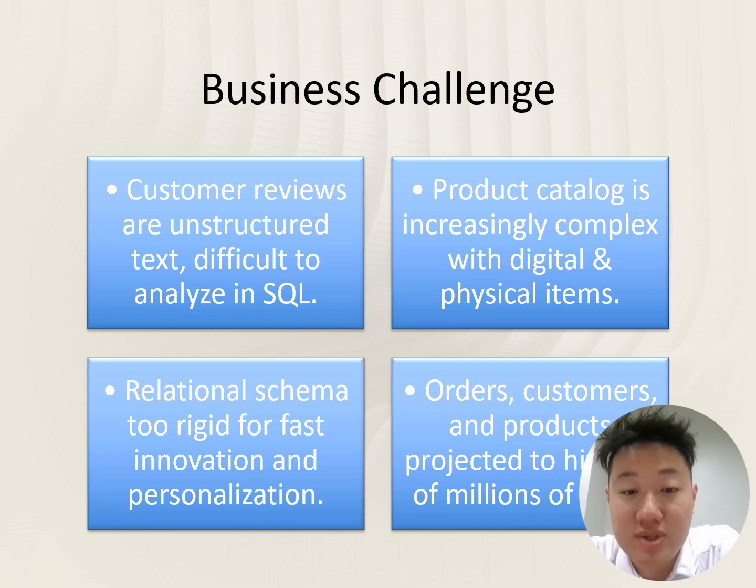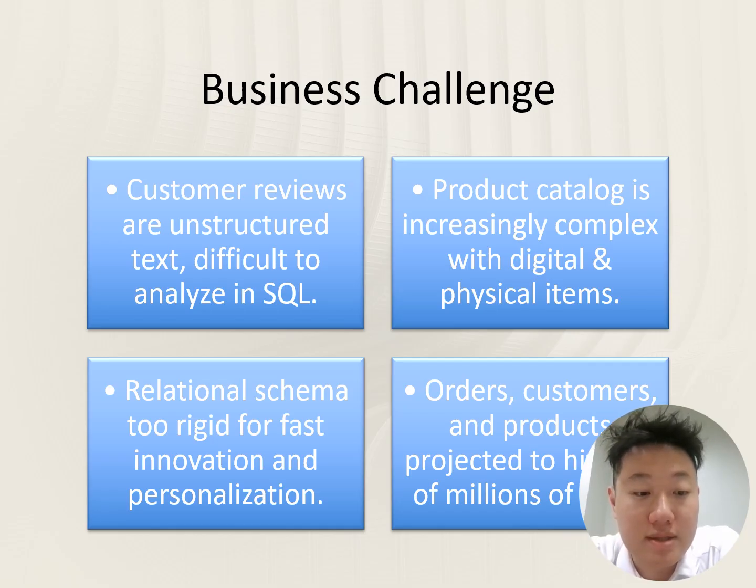Three is frequent schema changes slow down new features and personalization. And four is orders, customers, and products are headed to tens of millions of rows. So we need a scalability plan. And that's the context for everything I will demo next.